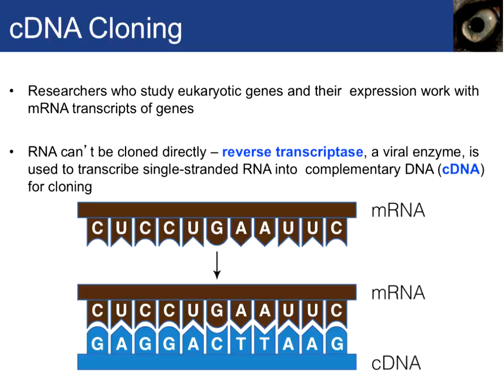So therefore, reverse transcriptase, a viral enzyme found in HIV and other viruses, is used to transcribe a single-stranded RNA into the complementary DNA, or what's called cDNA, for cloning. In the first step, a strand of cDNA is assembled on the messenger RNA template by hybridization. This allows the complementary base pairs to attach to the messenger RNA strand.